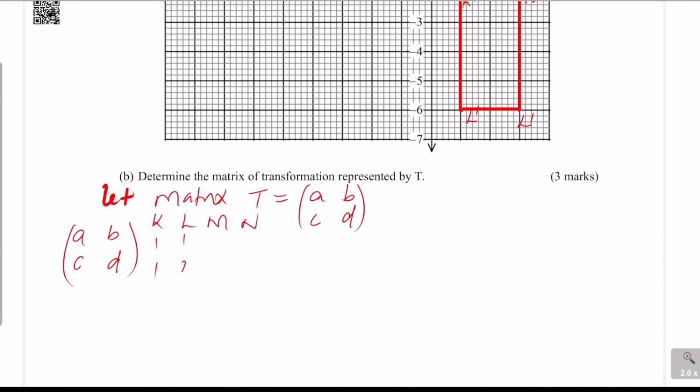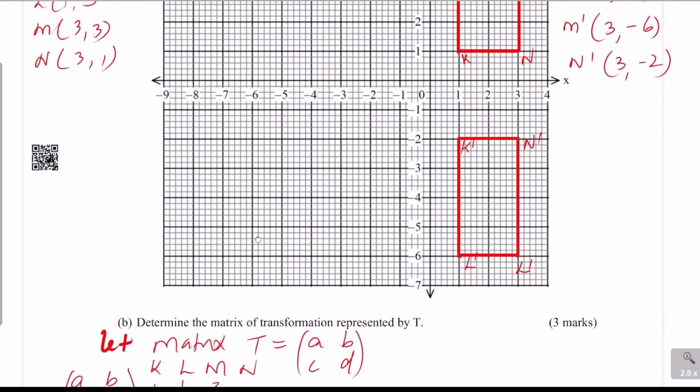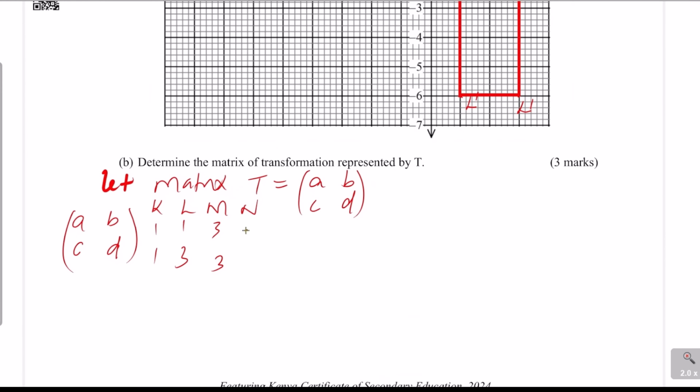So this is 1 3, you have 3 3, and then you have N, which is 3 1, equals to the image, that is K prime, L prime, M prime, N prime.